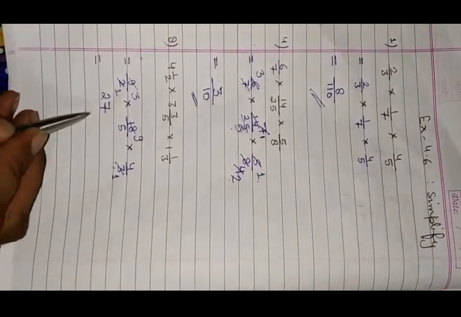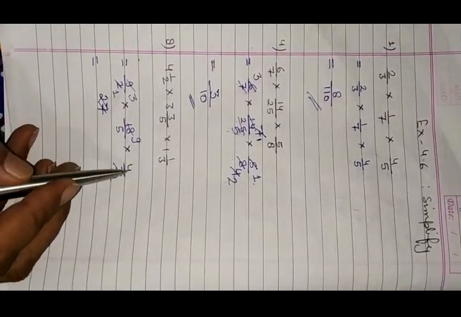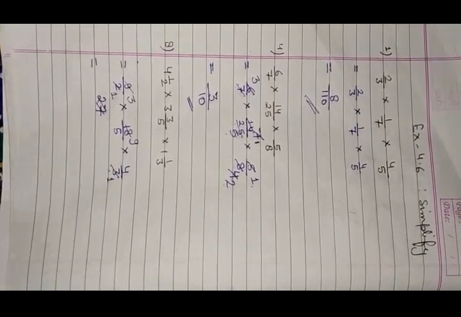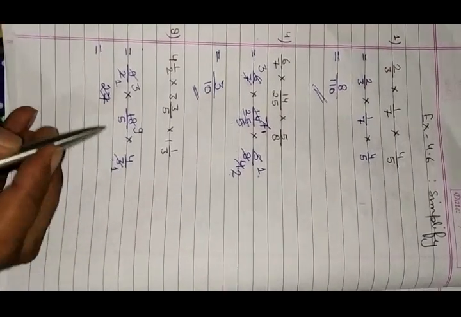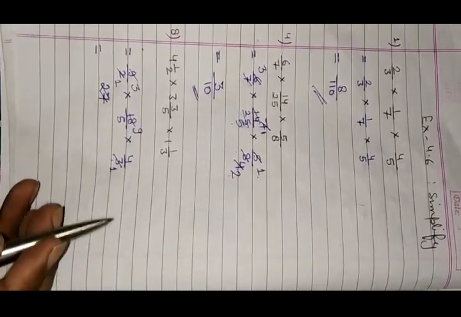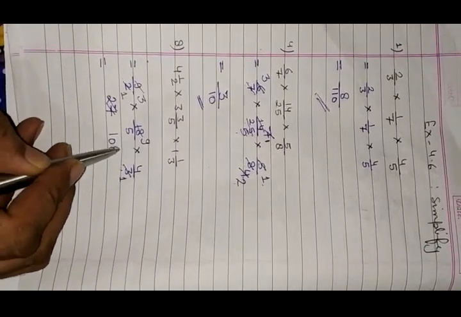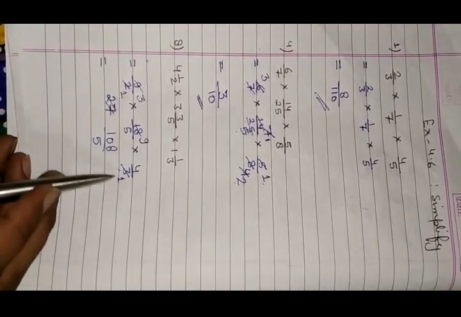27. Okay, sorry, 9 threes are 27 and 27 into 4 is equal to 108 upon 5, because the denominator is 5.